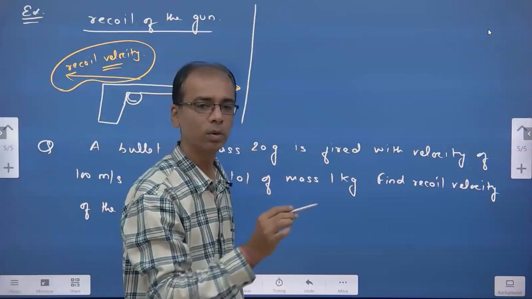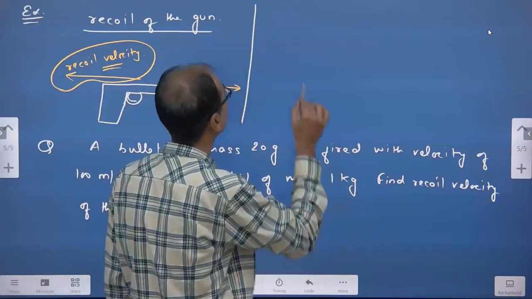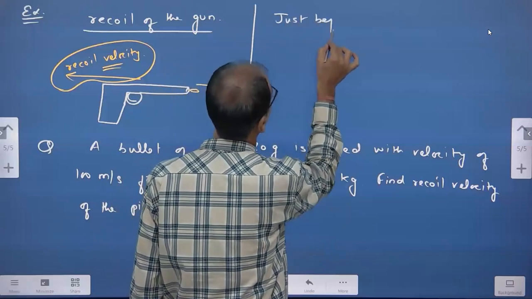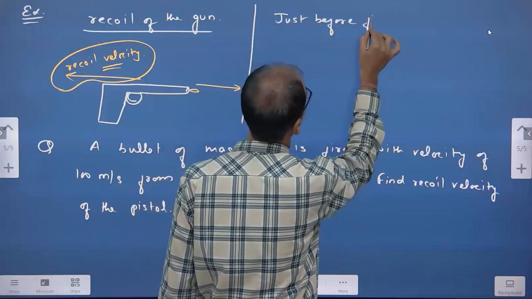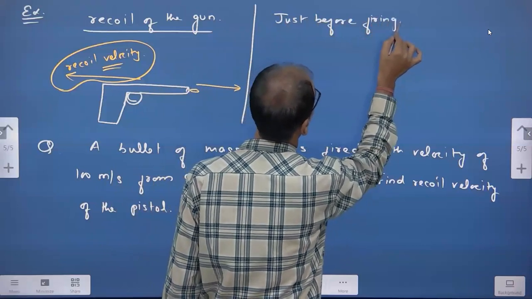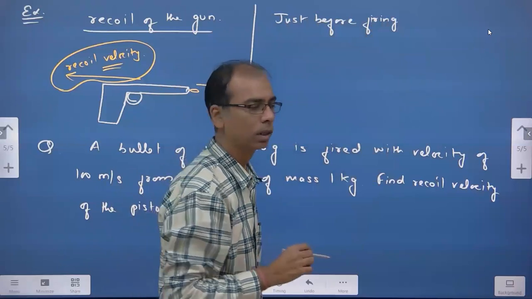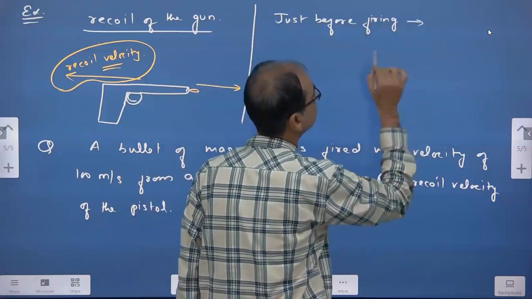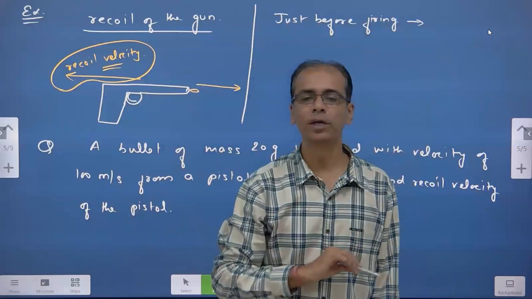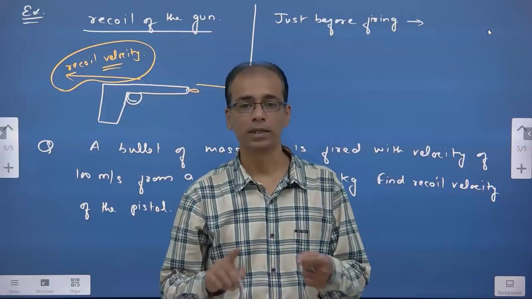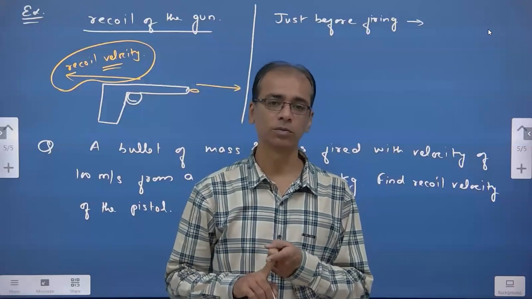Because that is how we are going to solve all the questions. So just before firing, meaning the incident just before the bullet came out, what is the momentum of the system? 0. Because neither the bullet has moved, nor the gun. Both are at rest.